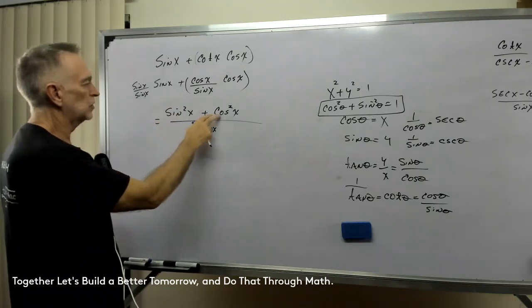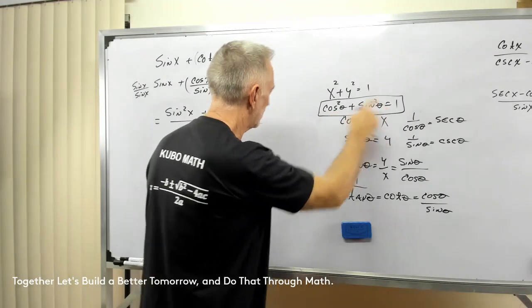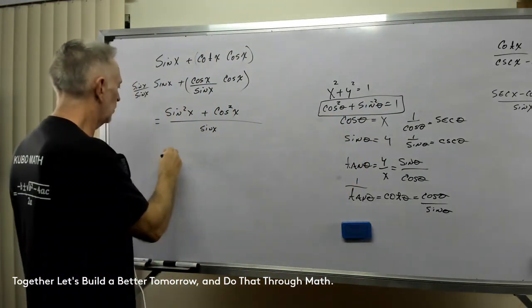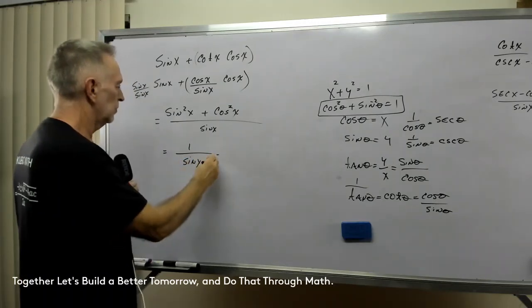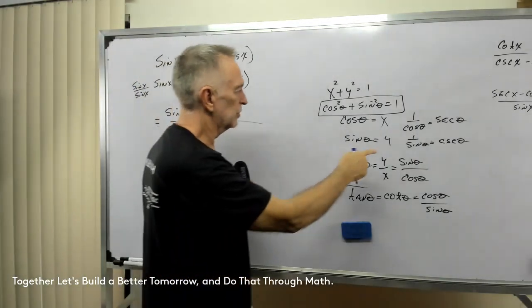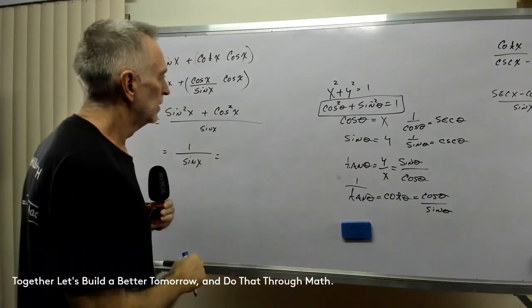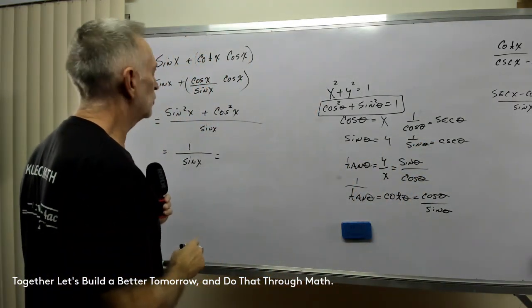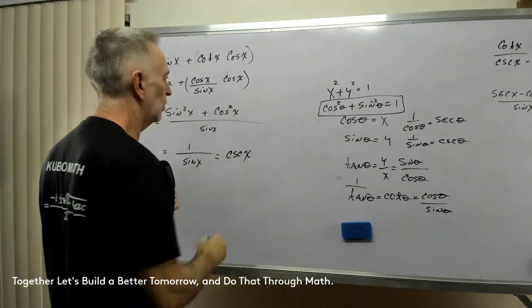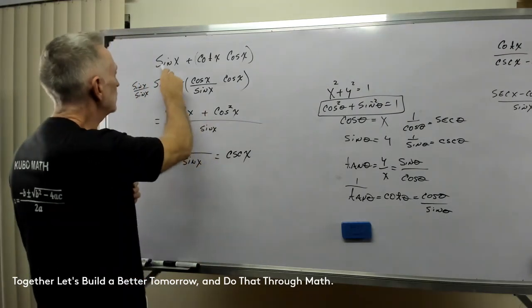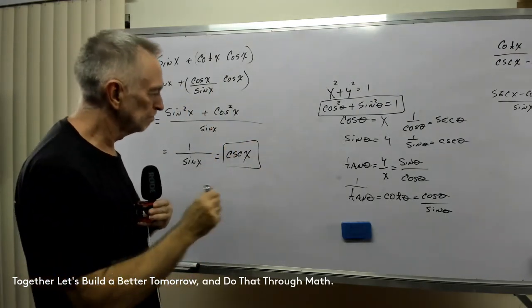Sine squared x plus cosine squared x equals 1. So we have 1 over sine x. Well, what did we say 1 over sine was? It's cosecant. So this ends up being cosecant x.